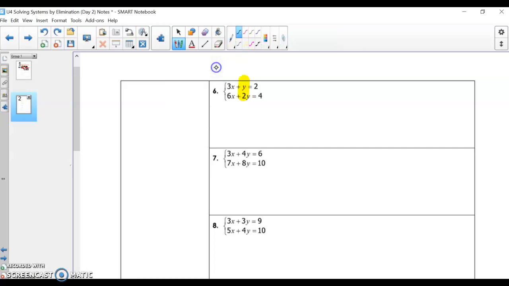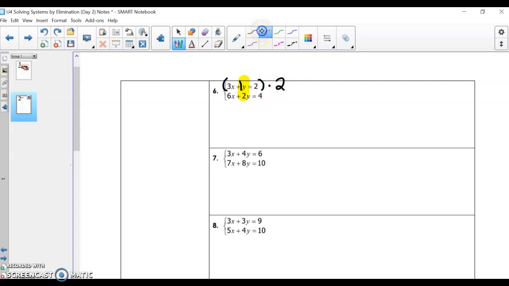Alrighty, so looking at, technically there's a 1 there. Let me see if I can get this pen to work. So you technically have a 1y. So how can you get from 1 to that 2 down there? What times 1 will give you 2? Actually it is 2. So I'm going to multiply the top one by 2, kind of like I did with the one on the front.